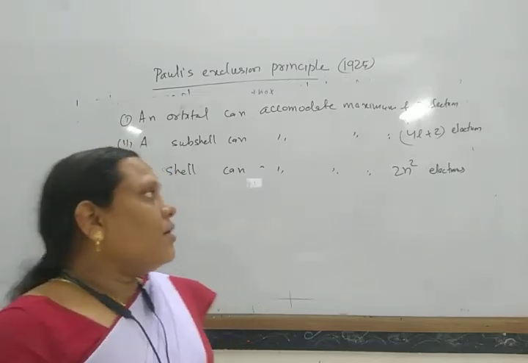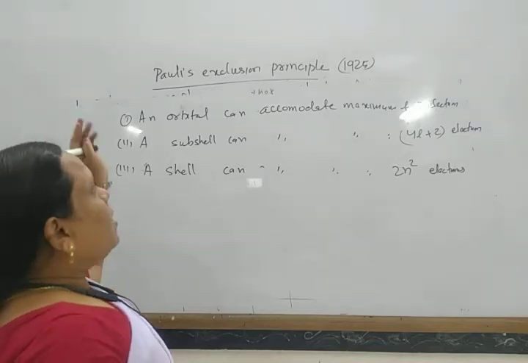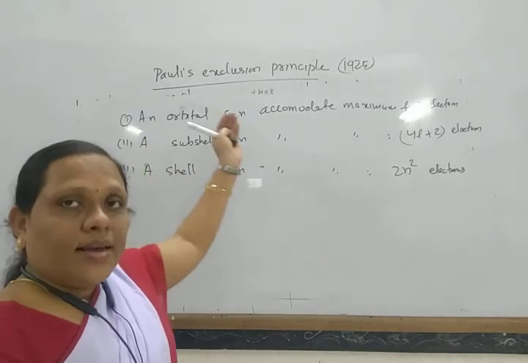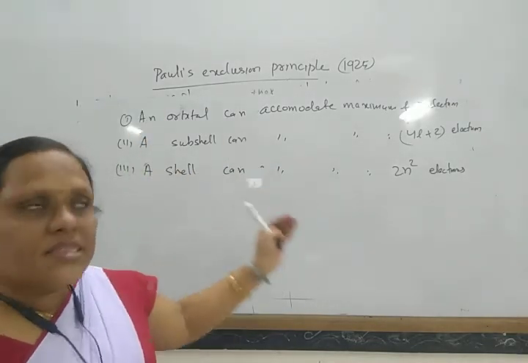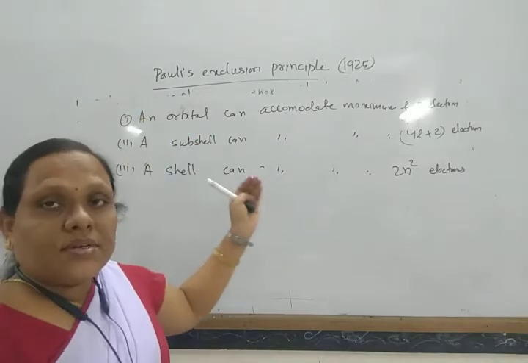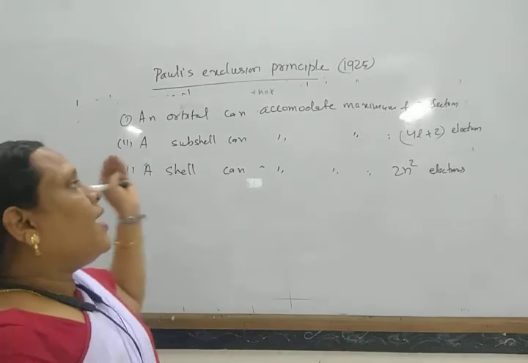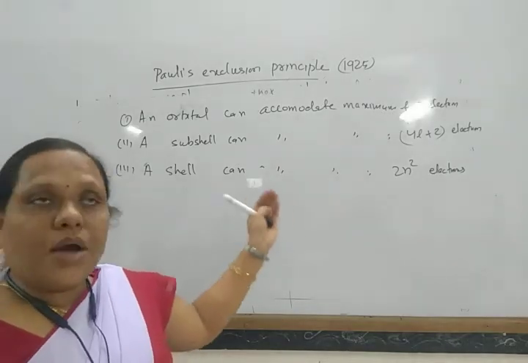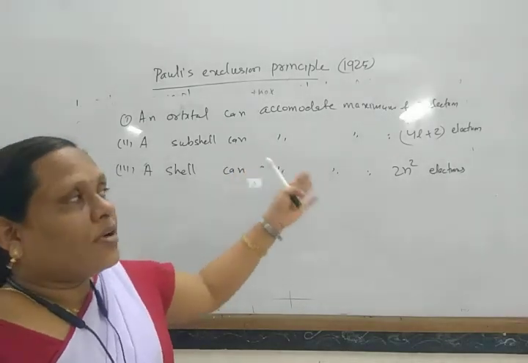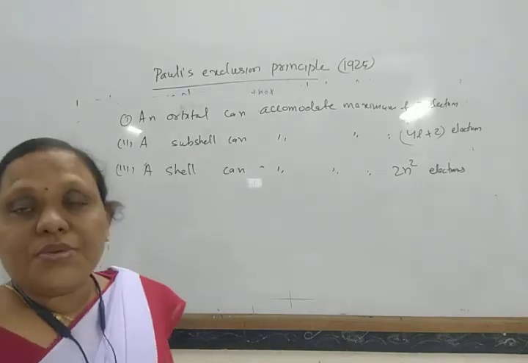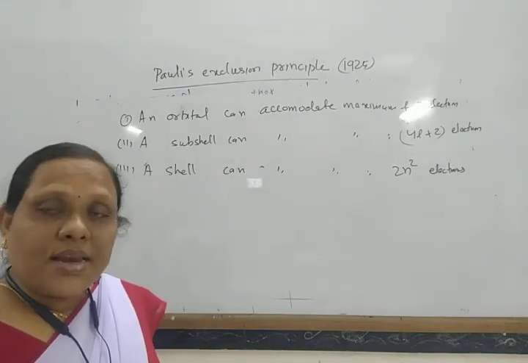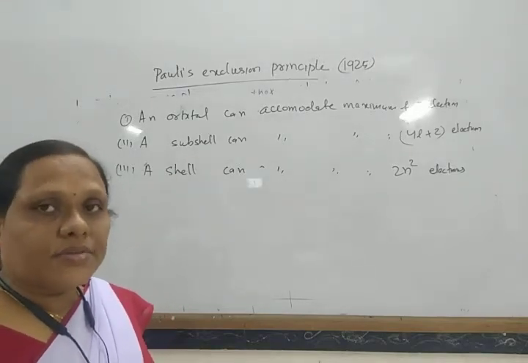So in this way you can know how many orbitals and how many subcells one cell contains, how many orbitals and electrons one subcell contains, and how many electrons are present in an orbital, cell and subcells.